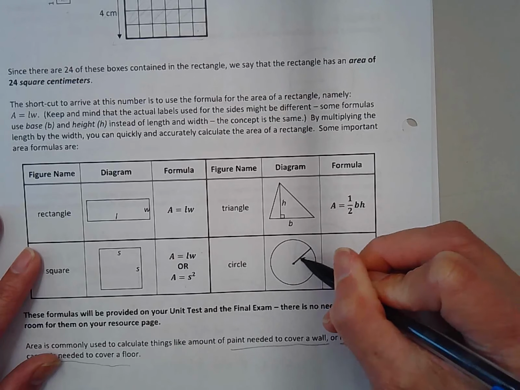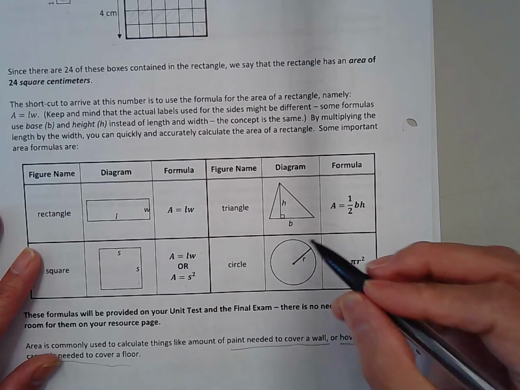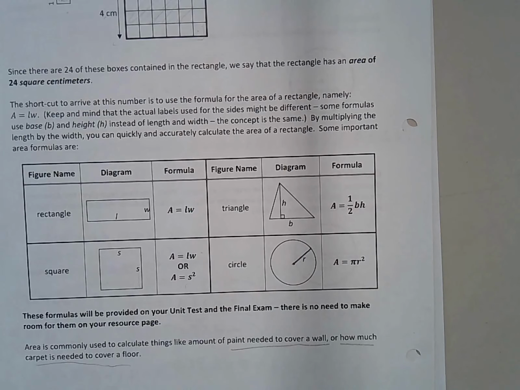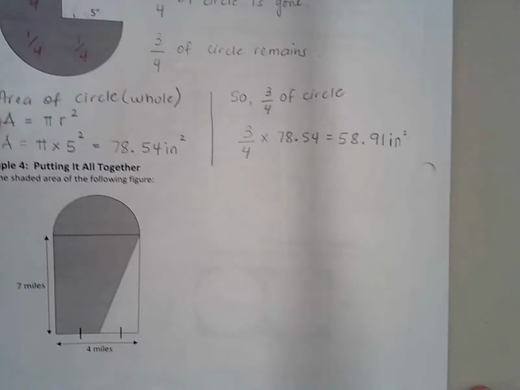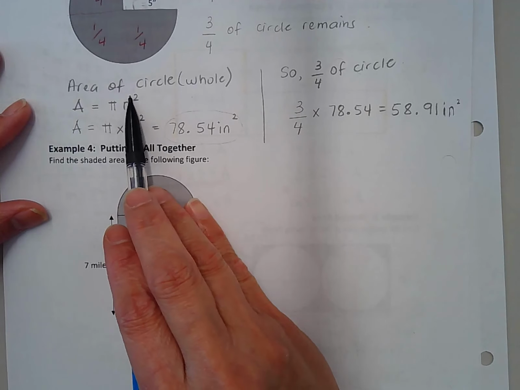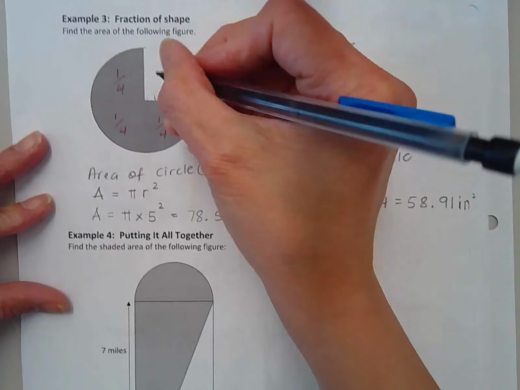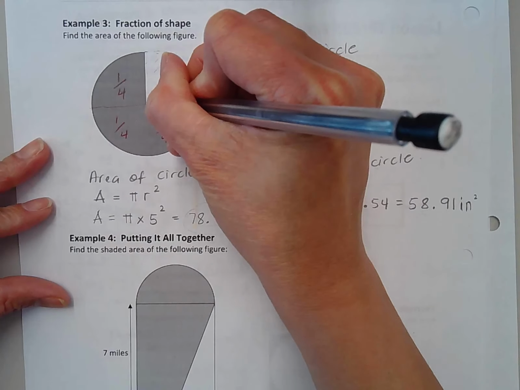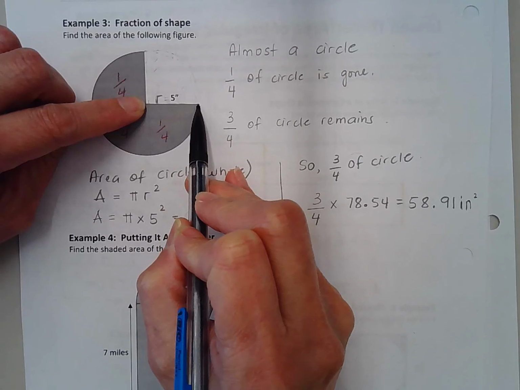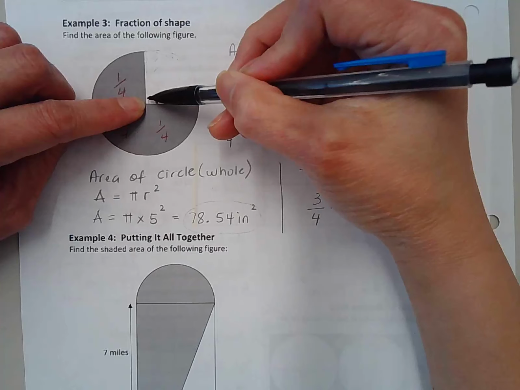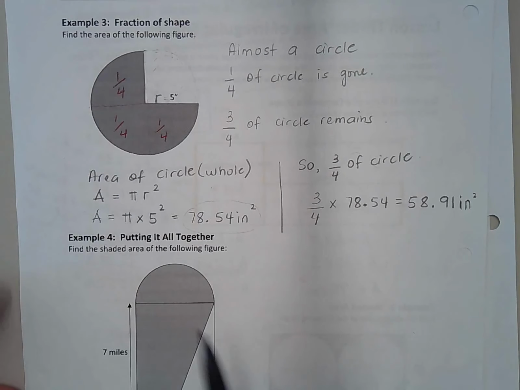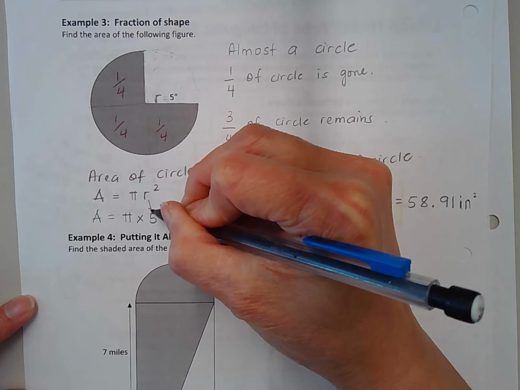They're saying in that question the radius is 5. So you go pi r squared, that's the formula we're going to use, and you substitute that 5 in.